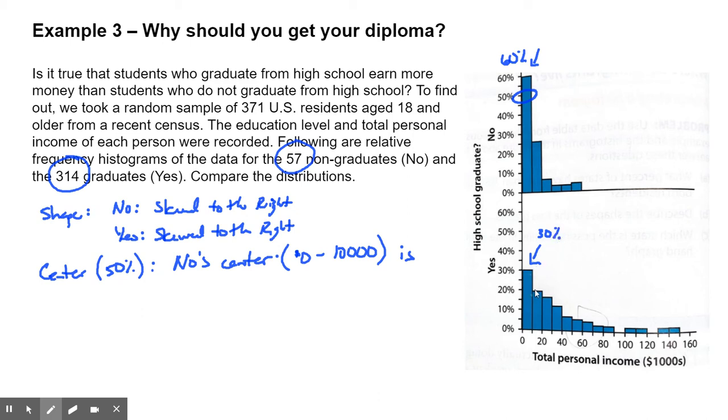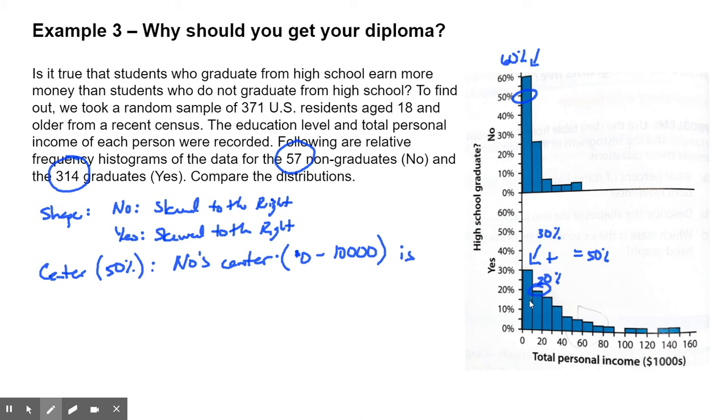So then we go to the next bar and we say, oh, this next bar is about 20%. What is 20 plus 30? 20 plus 30 is 50%. So about the 50th percent person is right around there in this bar. Now, if you said that's a little bit less than 20, so you went to the next bar, I'd be okay with that too. But I'm going to say it's between $10,000 and $20,000.